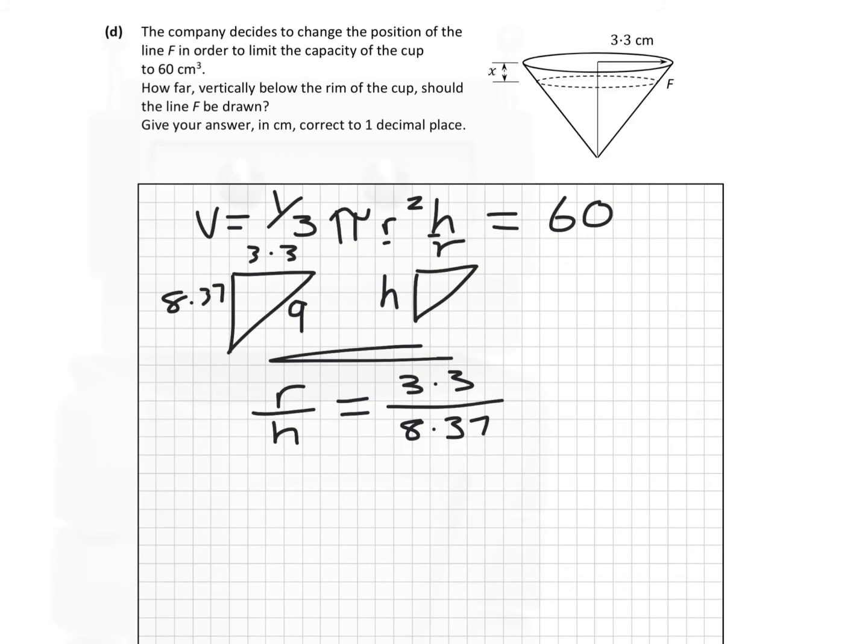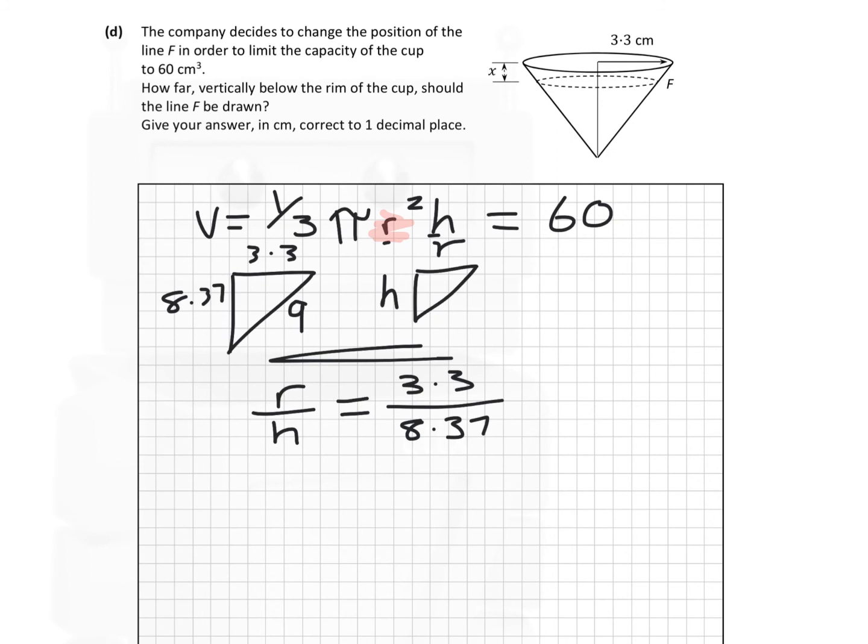And that's going to be really helpful, because what we can do is write one of the variables in terms of the other. We're going to want the h more so than the r. So I want to replace this r in my formula, because I'm going to want to find out what h is, so that I can then take it away from 8.37 to figure out what my x is going to be.